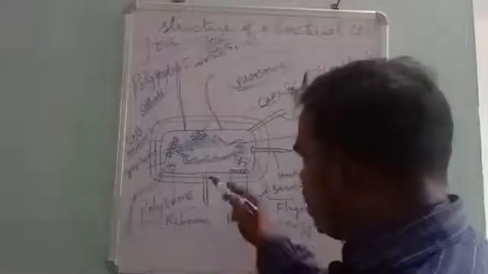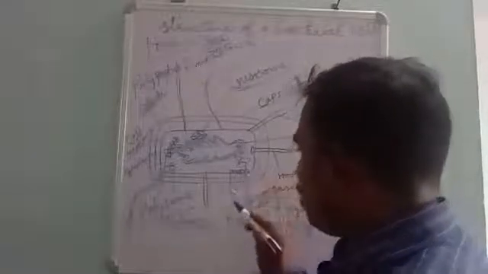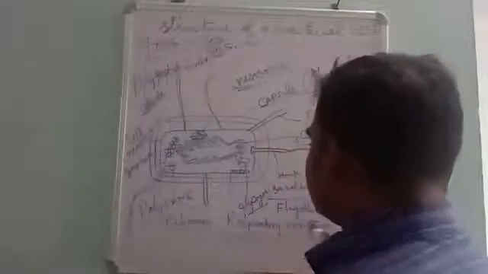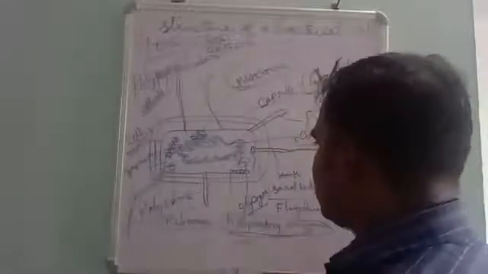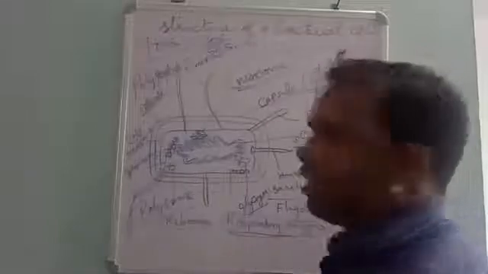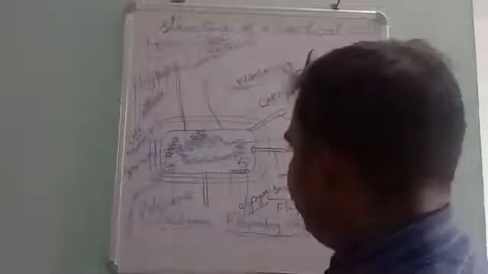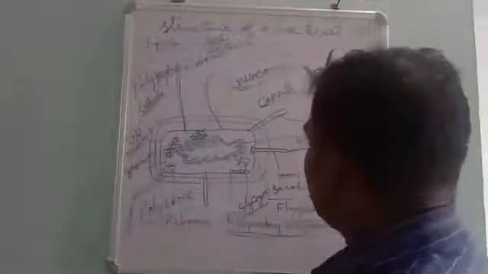Clear. On the surface of the plasma membrane, we are able to identify other granules or substances, which we call respiratory enzymes. Okay, on the base of the plasma membrane, we are able to identify 3 different structures.